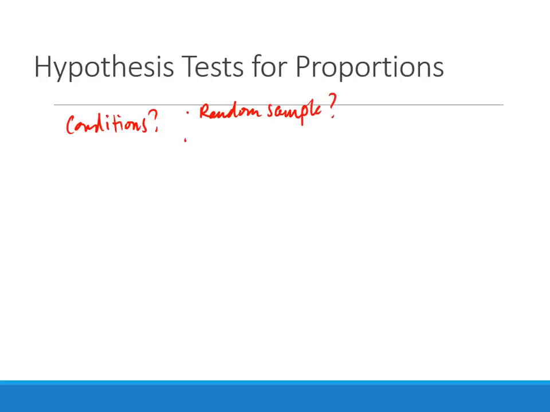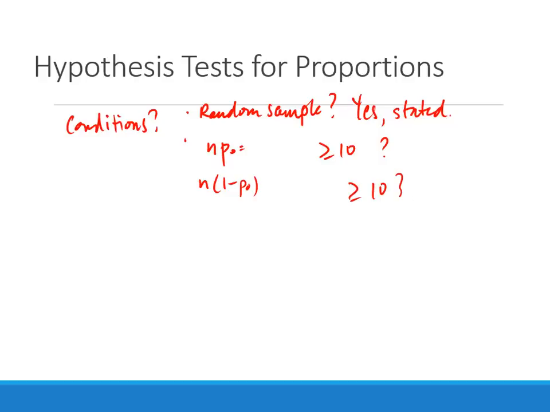Yes. And why do I have a random sample? It's stated in the problem. Then, is my sample large enough? I want to make sure that n times p0 is bigger than 10, and n times 1 minus p0 is bigger than 10.